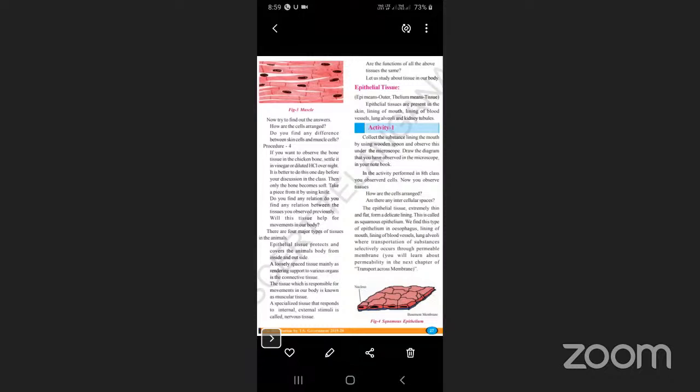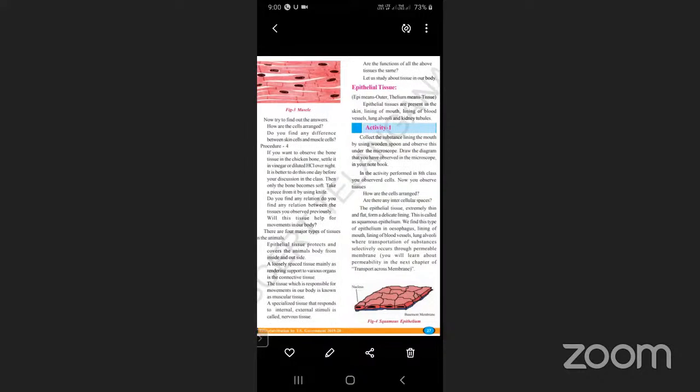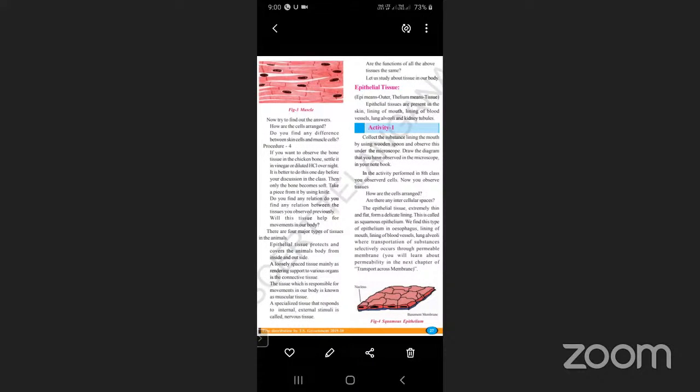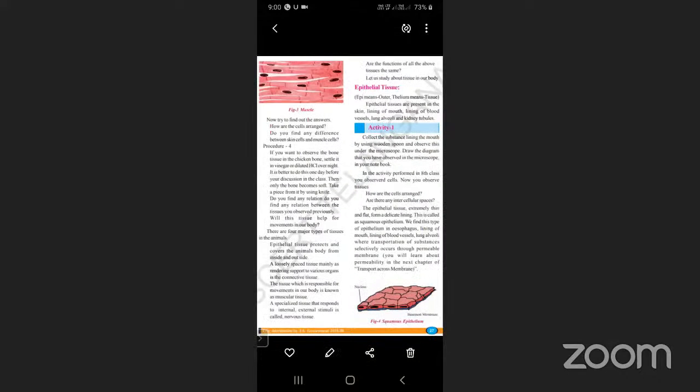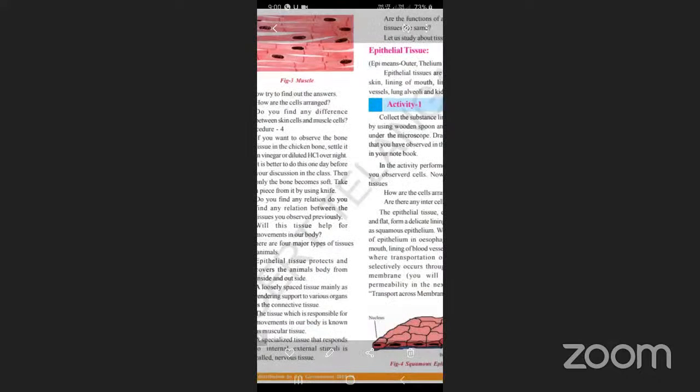To know the answers to these questions, we have to know about different types of tissues deeply and their functions. So let us try to know about those tissues.